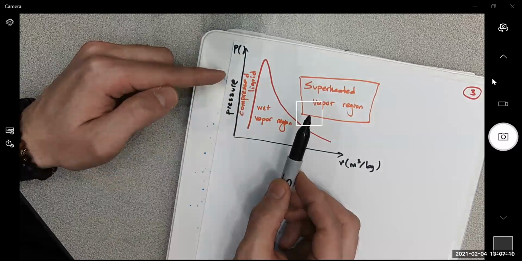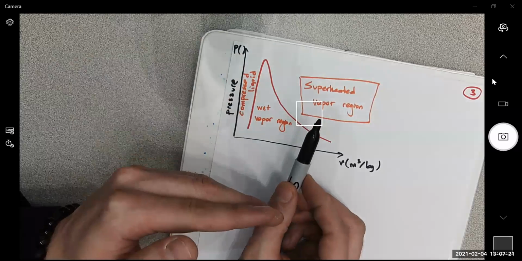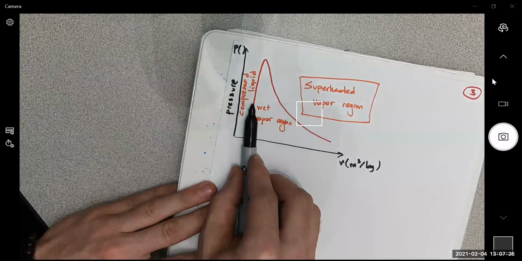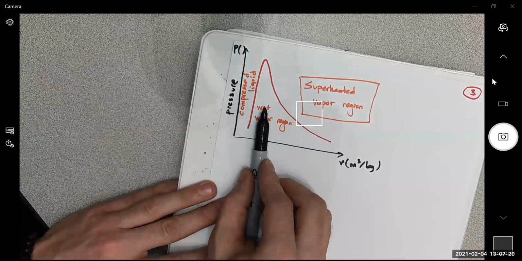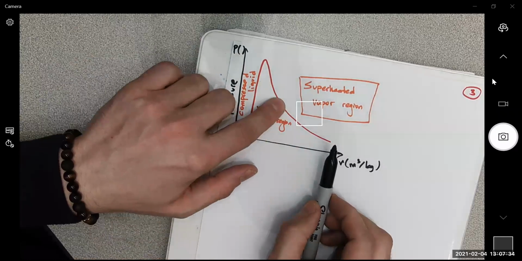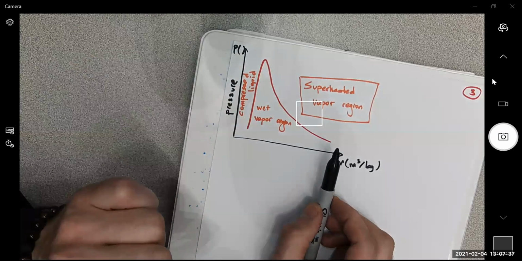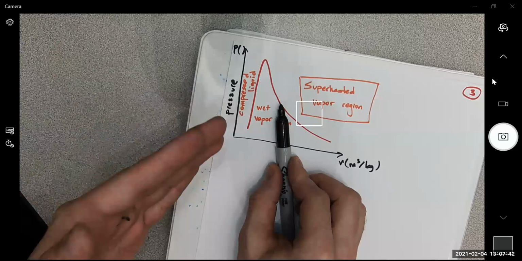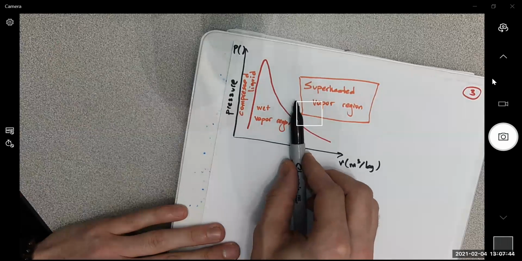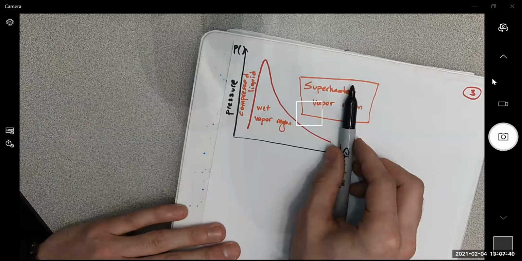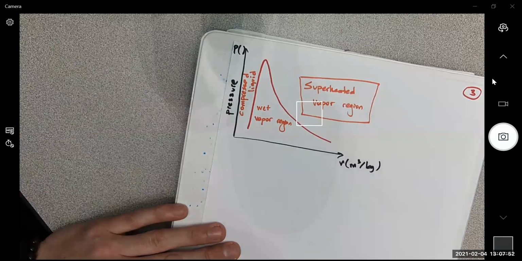When we cross that line, we start changing phase, we start creating vapor molecules. Under the saturation curve, it keeps developing vapor. And when we hit this line, everything is in vapor phase. We don't have any liquid. When we keep adding more heat, we get superheated vapor. We still have vapor, but we increase the energy of that vapor.